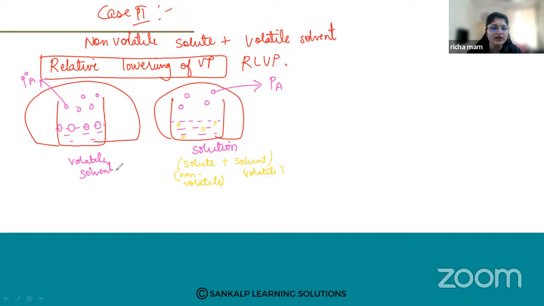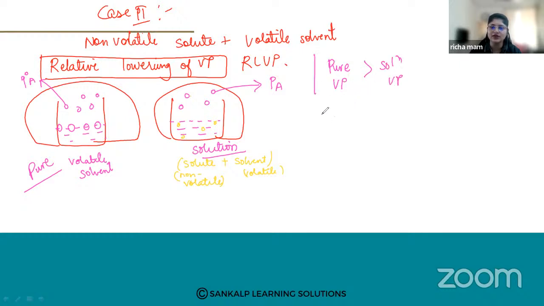In which state will the vapors be more, the pure state or the solution state? In the pure state, the vapors will be more as compared to the solution state, because in solution both solute and solvent are present. So vapor pressure will be more in pure state as compared to the solution.